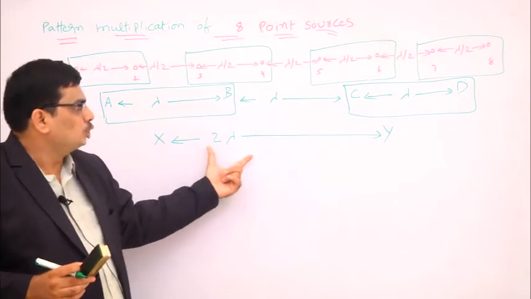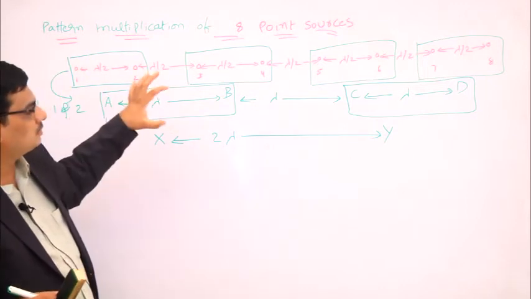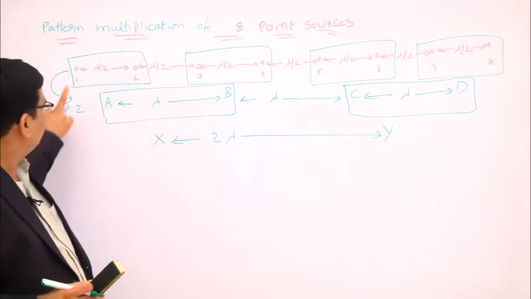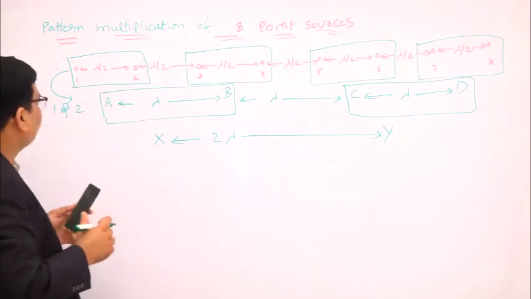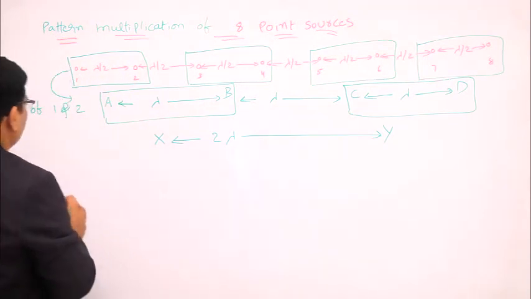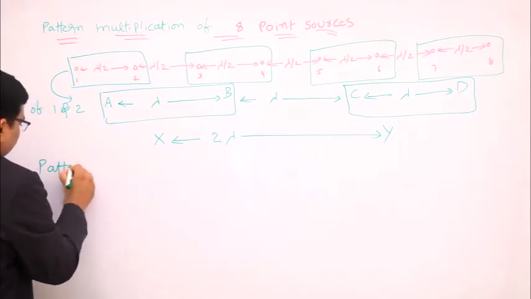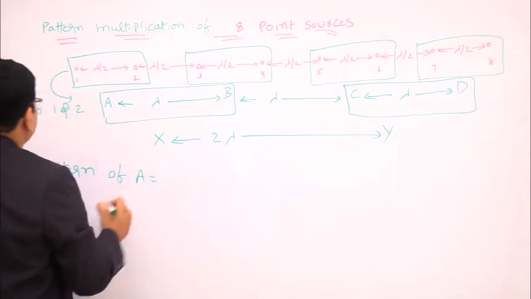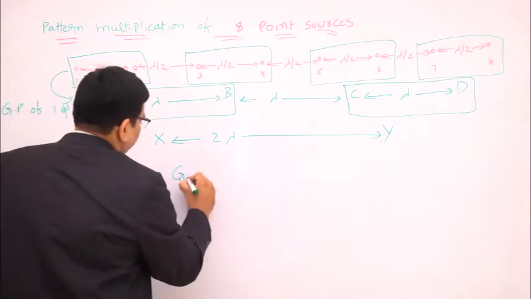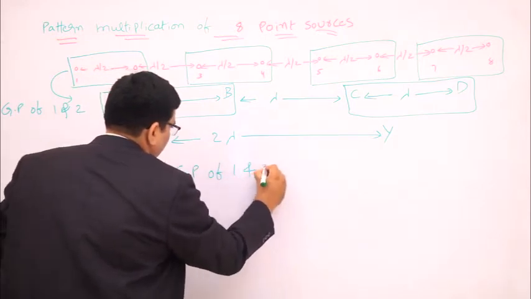So this is our new resultant pattern between the elements X and Y, which are separated by a distance 2 lambda. In the previous problem we already drew the radiation pattern for the group element of 1 and 2. That is the group pattern of A, the group pattern of 1 and 2.